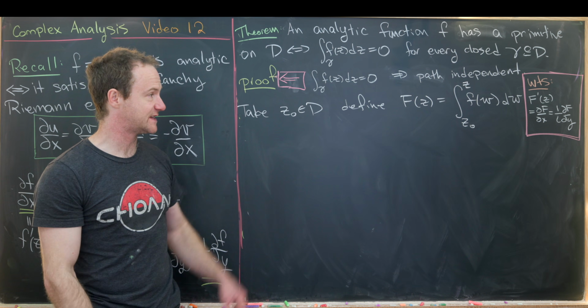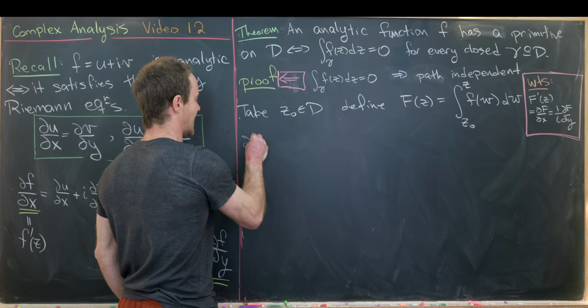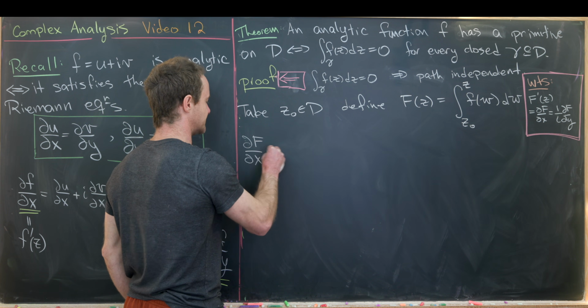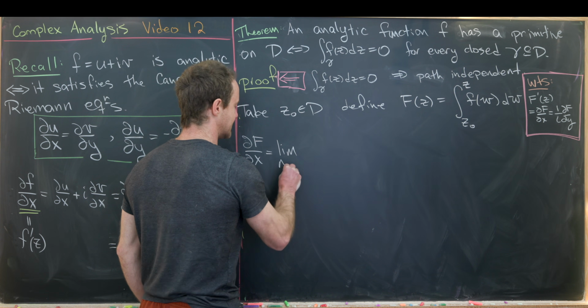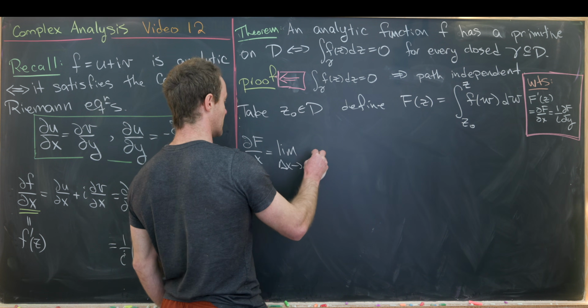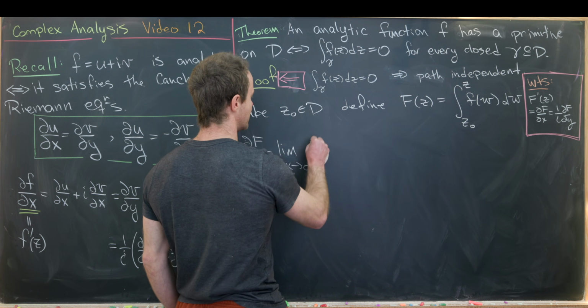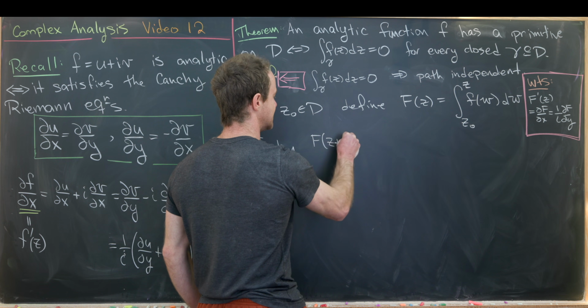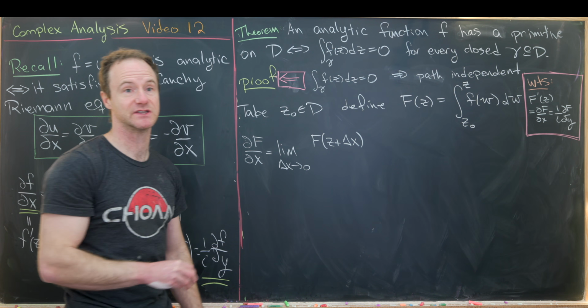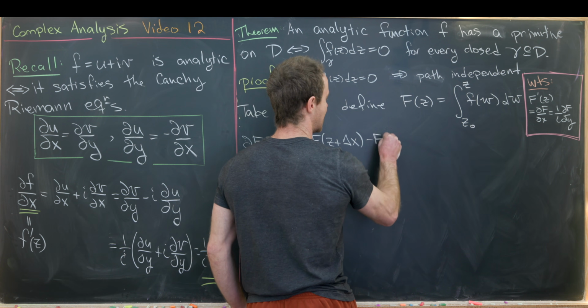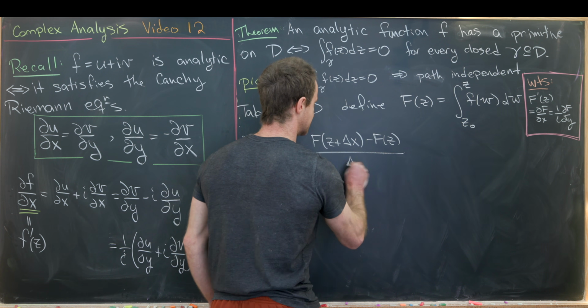So we'll first take the partial of F with respect to x. So let's recall that that's going to be the limit as delta x goes to 0 of, let's maybe write it as F evaluated at z plus delta x, where we're keeping in mind that delta x is real, minus F of z over delta x.